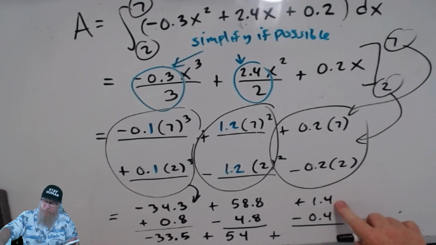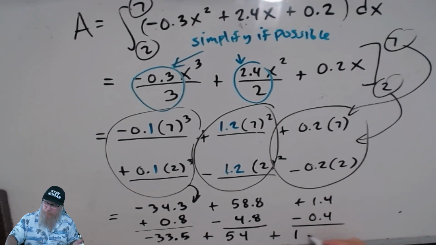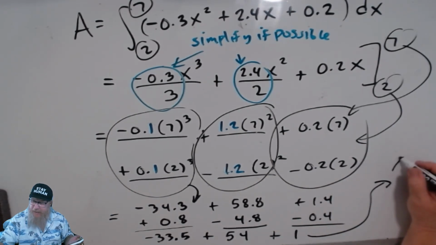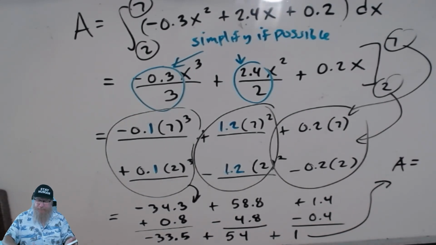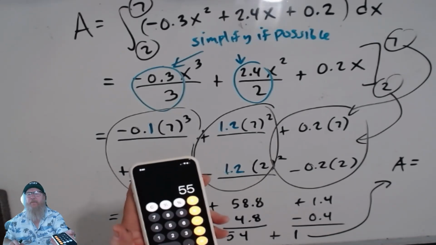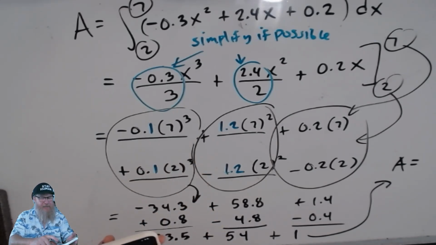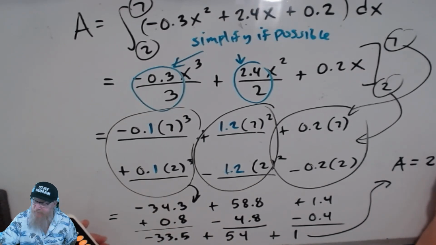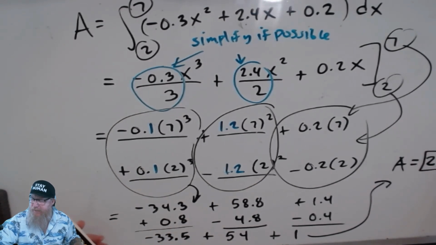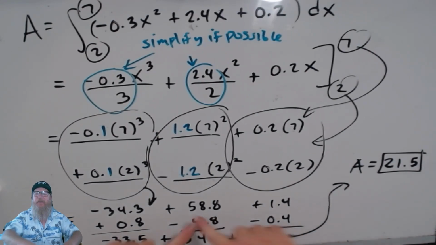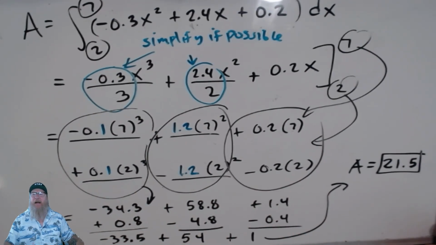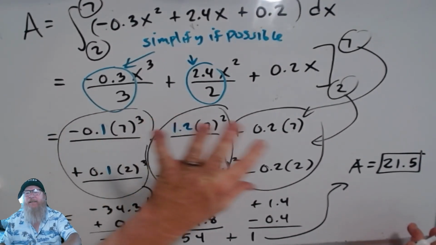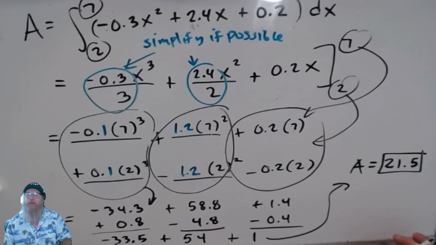And then I've got 1.4 minus 0.4, which is 1. So altogether, my area is 54 plus 1, which is 55, minus 33.5. Now, I'll leave it to you, as I always do, to decide the order in which you want to add or subtract these. But I still recommend having some kind of a plan.